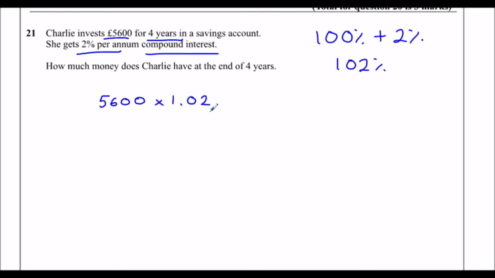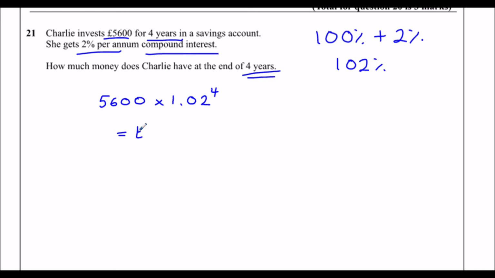To add on 5%, we'll multiply by 1.05. So we're going to add on 2%, and we're going to do it 4 times. So it's 5,600 times 1.02 times 1.02 times 1.02 times 1.02. So it's 5,600 times 1.02 to the power of 4.